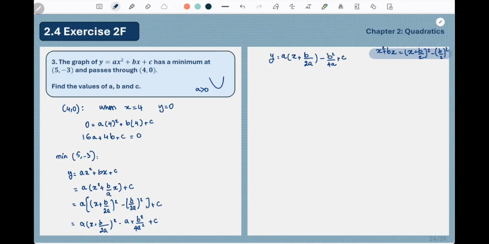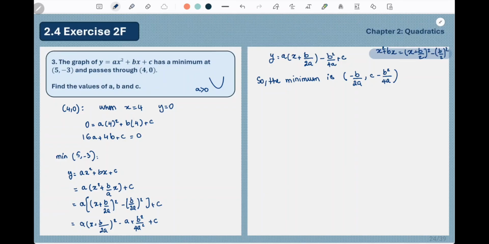So we know that the minimum here is at x equals minus b over 2a, from the formula we've done before. When we complete the square, it's minus whatever we find here, so minus b over 2a, and the y term is this one, c minus b squared over 4a.